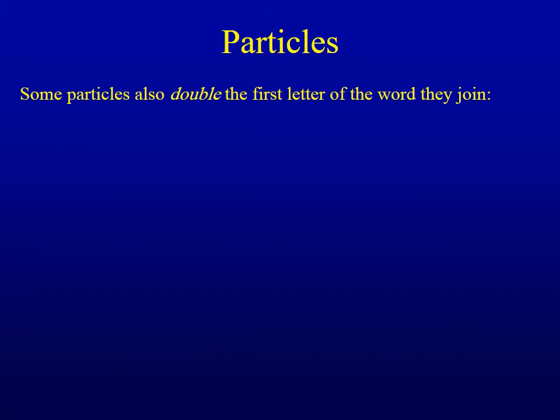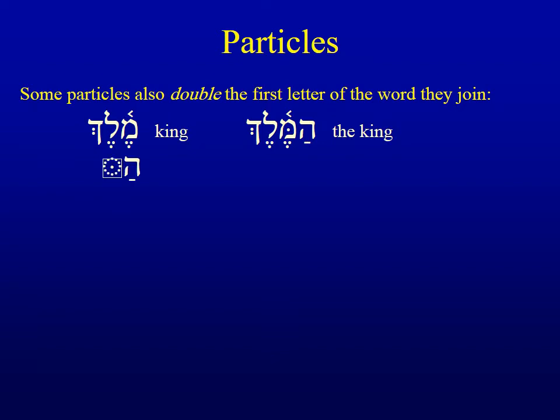There are also particles that join two nouns and double the first letter of the word that they join. So for instance, we have the word melech, which means king. We also have the word hamelech, which means "the king." Here we have the prefix, the particle hey, patach, and a doubling of the following consonant.